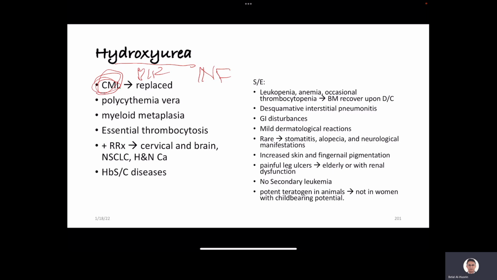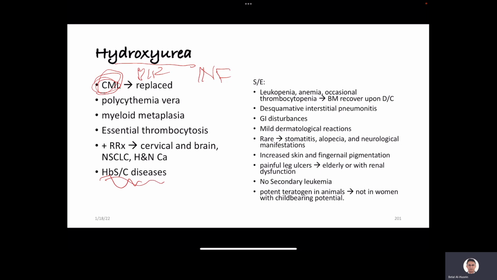So hydroxyurea is not an option anymore. We have other conditions like polycythemia vera, myeloid metaplasia, essential thrombocytosis. It is a radiosensitizer, so we combine it with radiation therapy in management of cervical, brain cancers, non-small cell lung cancer, head and neck cancers, and as we have mentioned, hemoglobin S or hemoglobin C diseases or hemoglobinopathies.